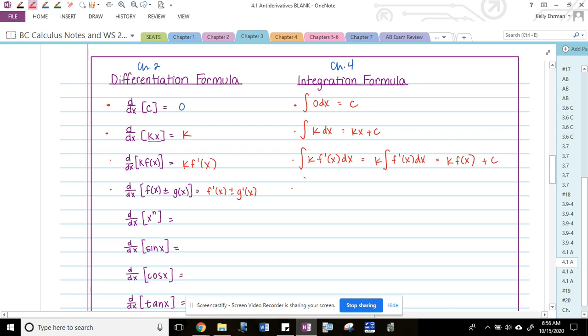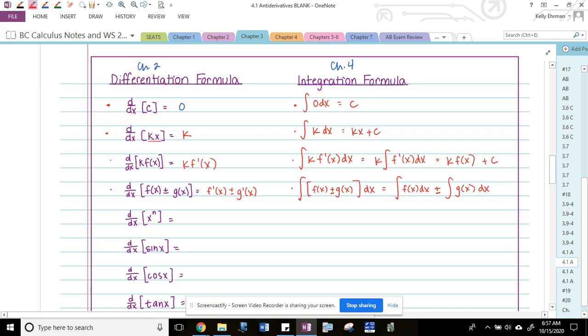So if I have the integral of, I'm going to write it like this, f of x plus or minus g of x with respect to x dx, you would need those brackets around that if you have two separate expressions in there. Then that can be split up into the integral of f of x dx plus or minus the integral of g of x dx.